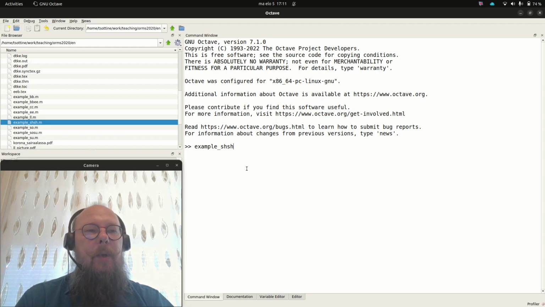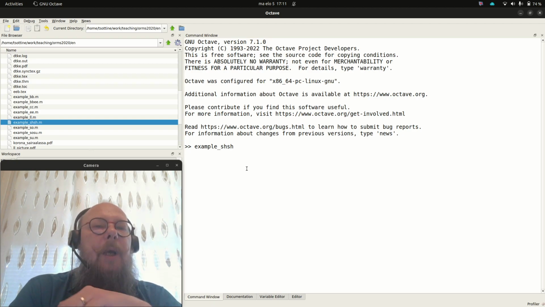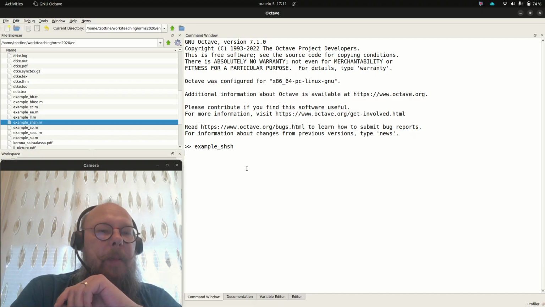So example_shsh, just type the name of the M file. Now it takes some time because it will generate a big matrix and then a picture from this matrix. So we have to be a bit patient.